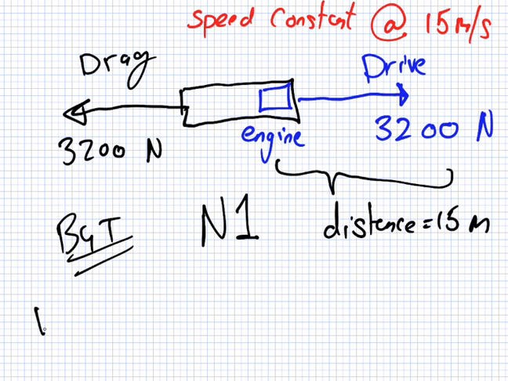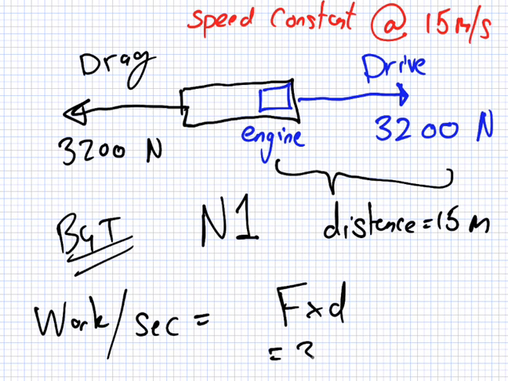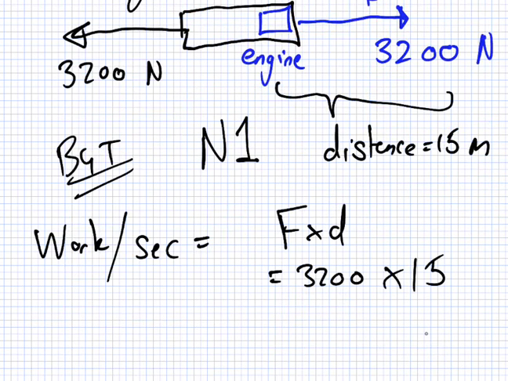So the work per second is force multiplied by distance per second. So that's 3,200 multiplied by 15. So what's that? What is it? 48 kilojoules. Yes, its work per second is 48 kilojoules.